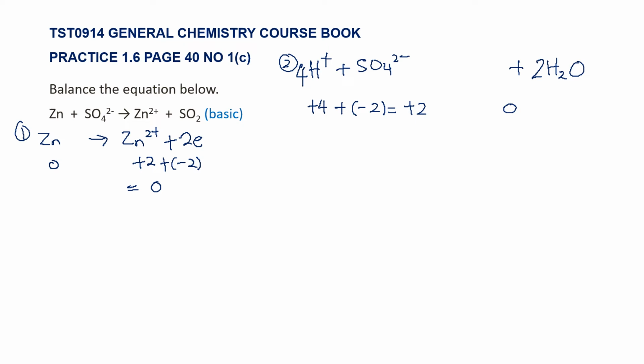I will rewrite it to give some space for the electrons. We add 2 electrons on the left side, which is negative 2, so we get 0 on the left side of the equation. So this is the balanced equation for equation 2.